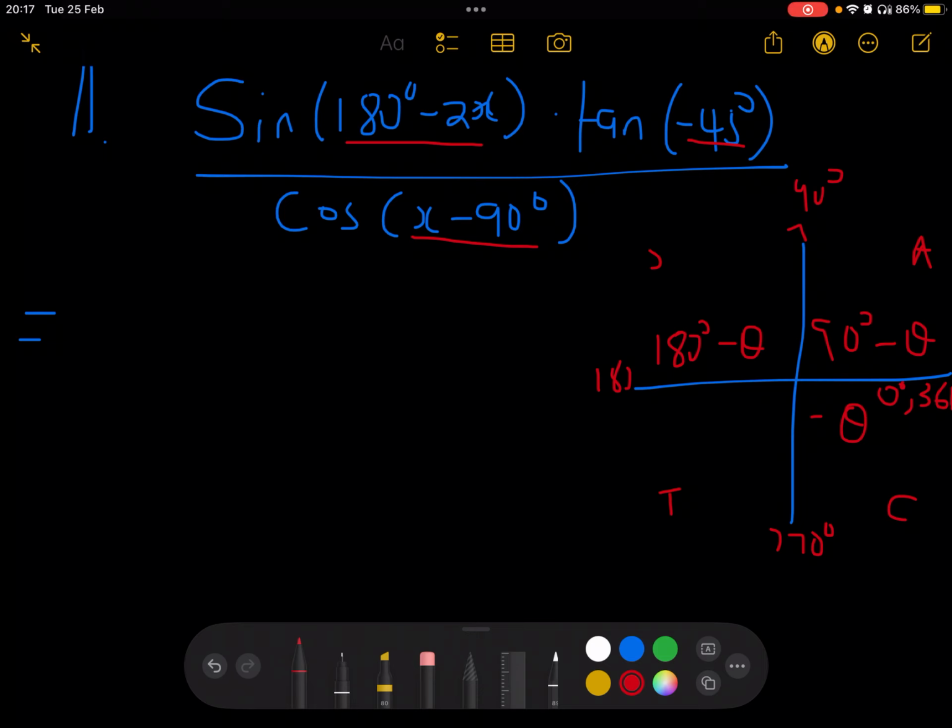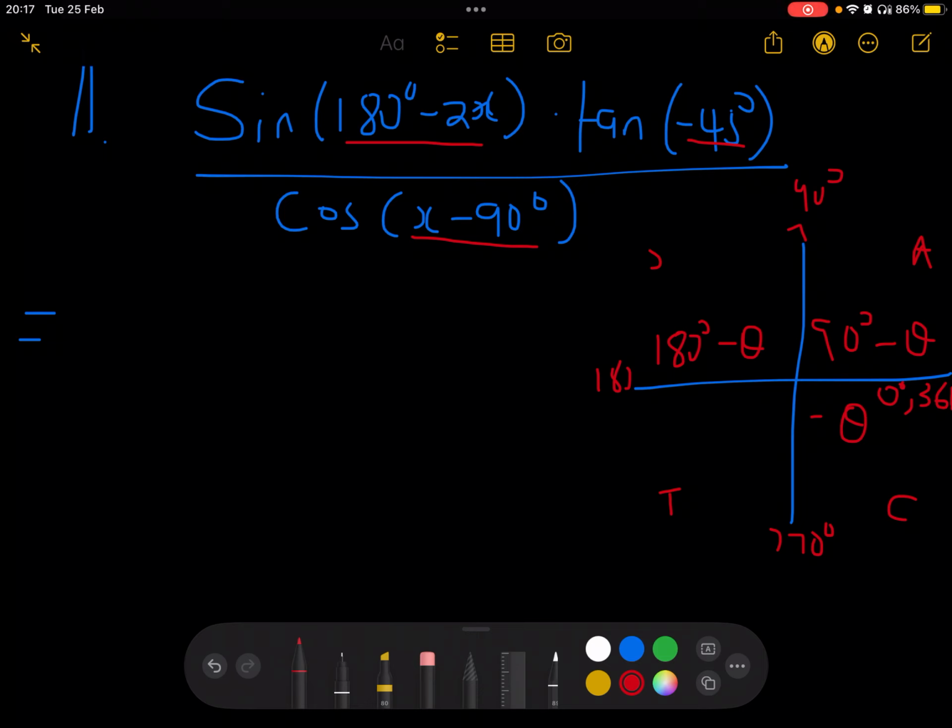If I add 180 to it, it's going to become a 90 plus or a 90 minus. Or if I add 360 to it, because it's an angle less than 0, it forms an acute angle. This cos of x minus 90, possibly if x is below 90.